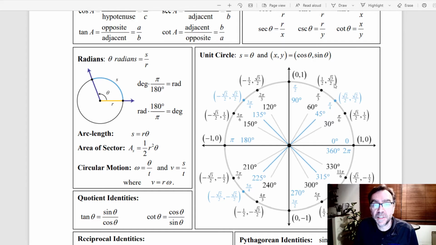Because the coordinates are listed. And notice the coordinates are listed for all the points. So this is pretty handy. So right away I could see cosine of 5 pi over 4 is negative root 2 over 2 over here in quadrant 3. All right, so I'll show you how this works with particular examples.